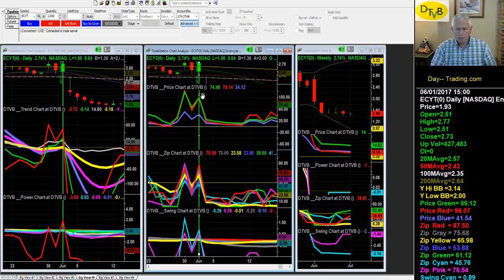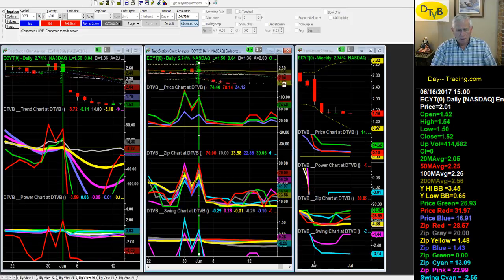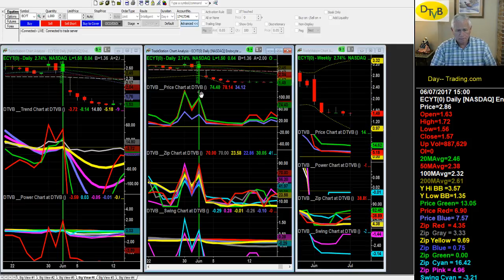In this particular case, the closing on the vertical green line day was $2.73, and it opened at $1.95. And so that difference is like 78, 79 cents, whatever it is.